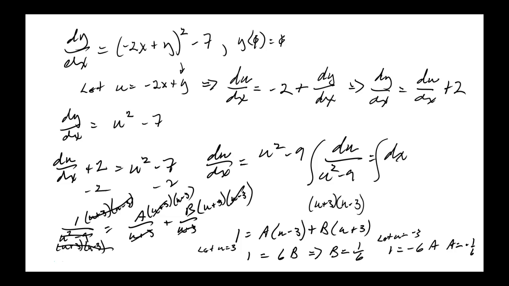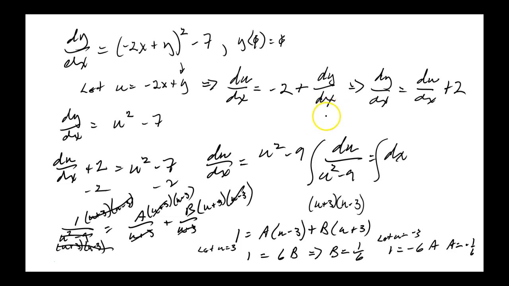So what we were doing up here, needing to integrate that thing for separation of variables, that integral becomes, a was minus 1/6. I'm going to reverse the order if it's okay. I'm going to put the b first because that's positive.